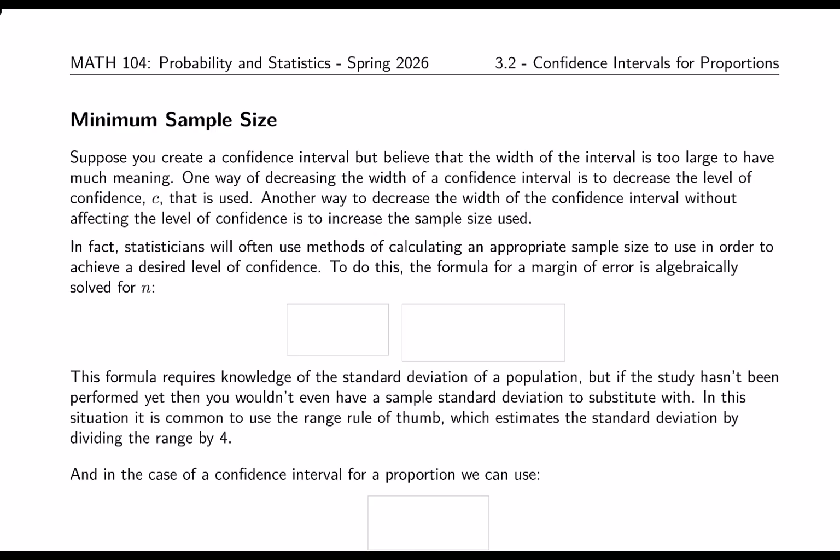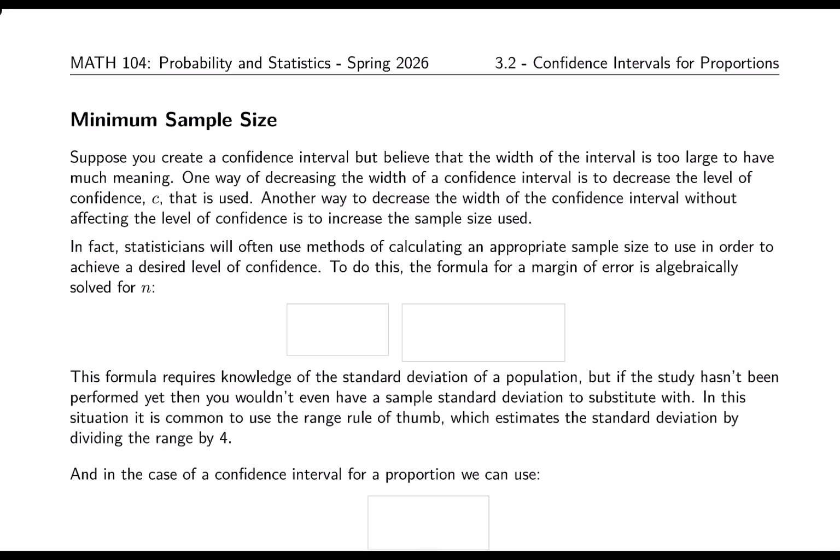Well, one way to decrease the width of the confidence interval is to decrease the level of confidence. All right, so that's not necessarily a great solution because, you know, you go from having, say, 95% confidence in your result to 60% confidence, and that's just not really as reliable a result. So that's not the best way to reduce the width of your confidence interval.